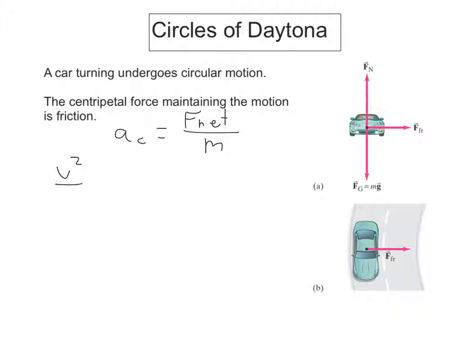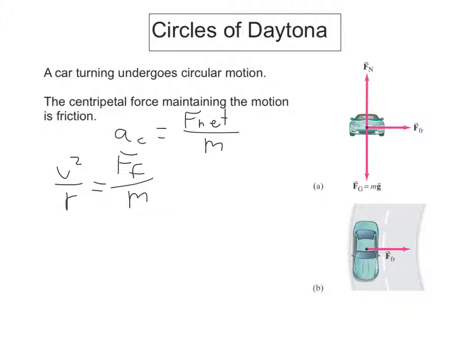If I substitute in for the centripetal acceleration with the speed squared divided by the radius, and also substitute the net force in for the force of friction, because our free body diagram told us that that is the centripetal force here, this is what I would have. Well, I can go a step further. I can make substitutions for what the force of friction would be.